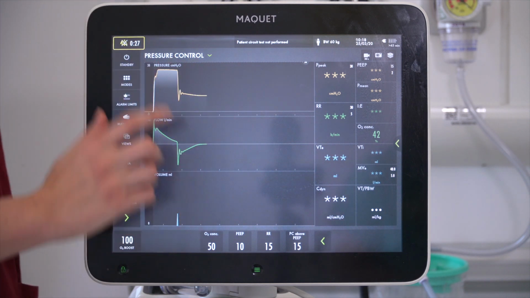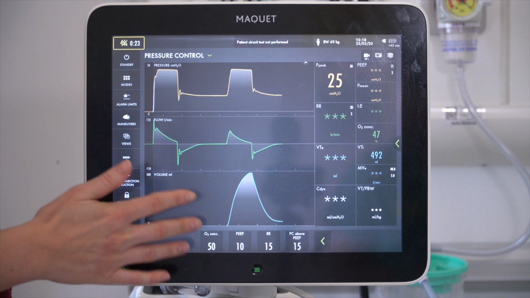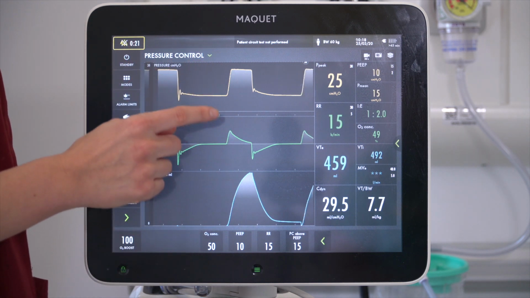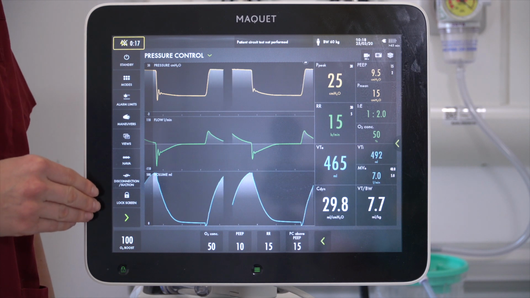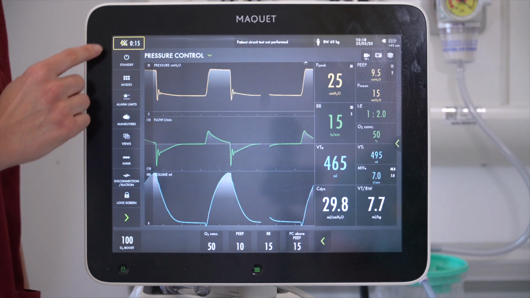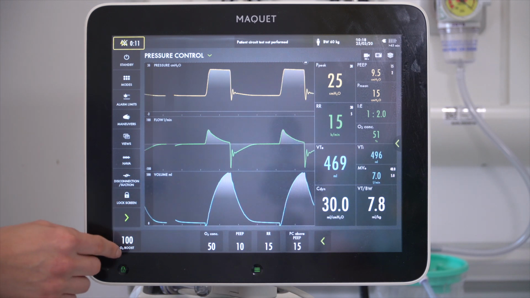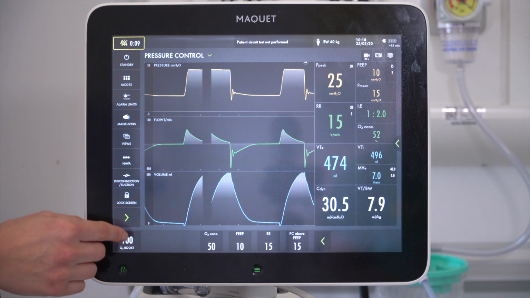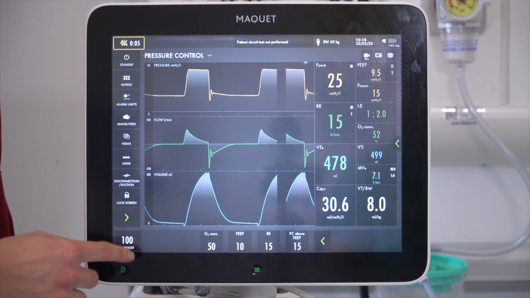Looking at the screen, you'll then have your mode of ventilation across the top with your three waveforms: pressure, flow and volume. On the right hand side here, we've got the modes and other things that can be manipulated. And at the bottom is one of the things most important to you. This is your 100% oxygen boost.